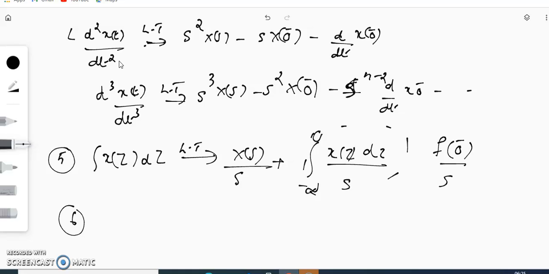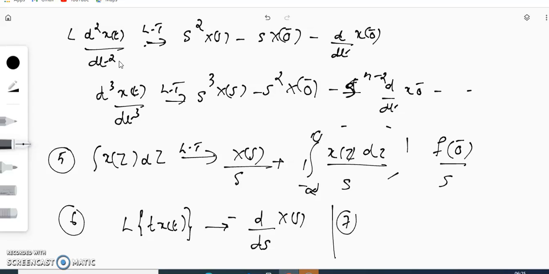Next property is differentiation in S domain, that is d by ds of x of s. It is the Laplace transform of t into x of t. Laplace transform of t into x of t is equal to minus of d by ds into x of s. Then there is the frequency shift property, which is the seventh property, that is Laplace transform of s plus a.